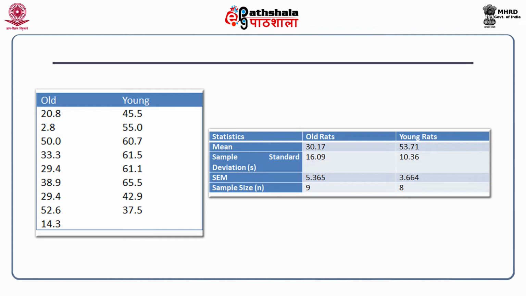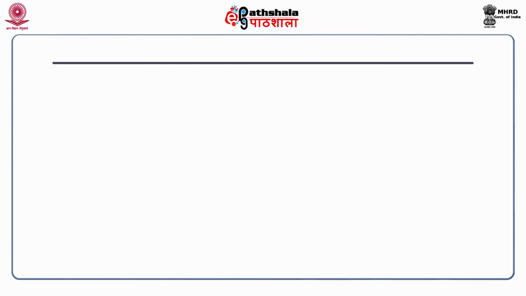The statistics, the mean, as you can see, are 30.17 and 53.71, with the sample standard deviation, standard error of the mean and sample size given, from which we can calculate the F ratio: S1 by S2 whole squared, that is 16.09 divided by 10.36 whole squared, that is 2.41.